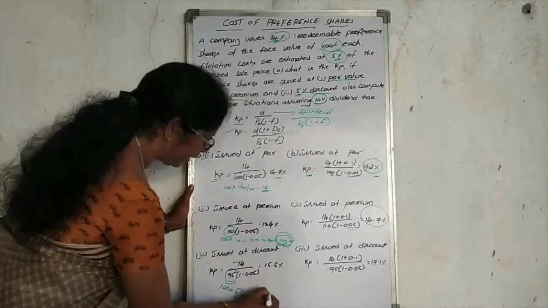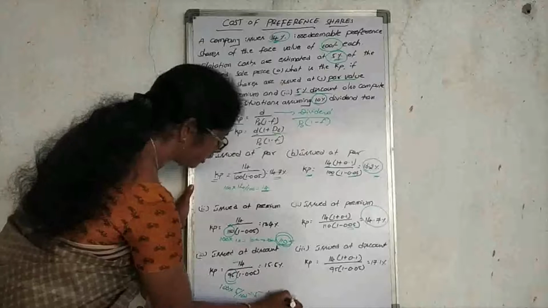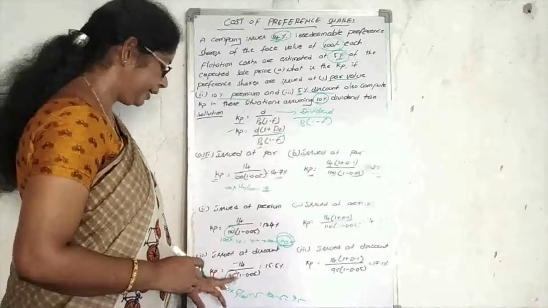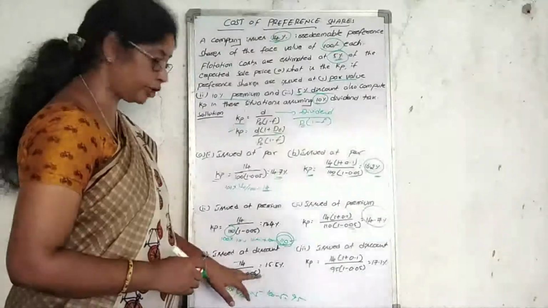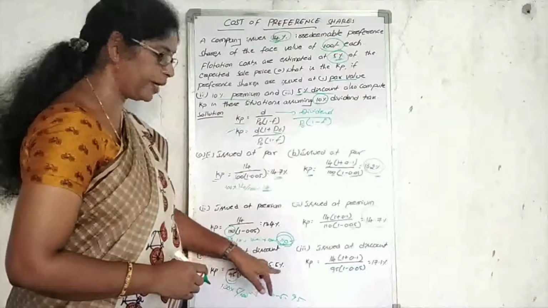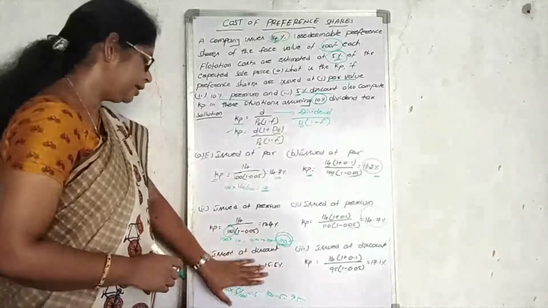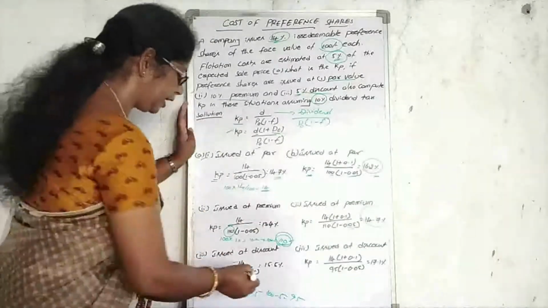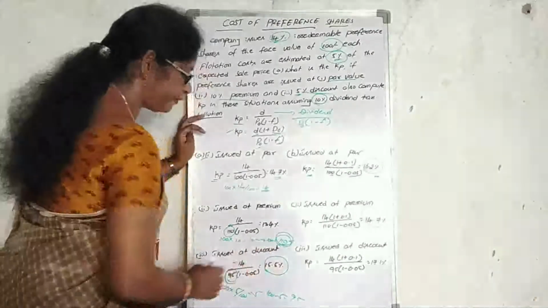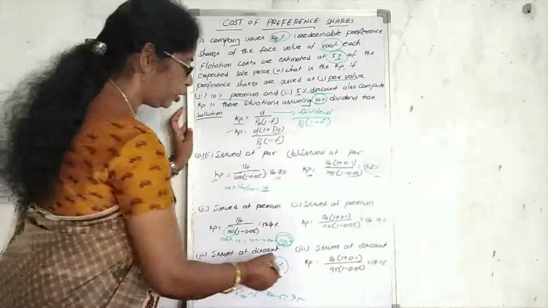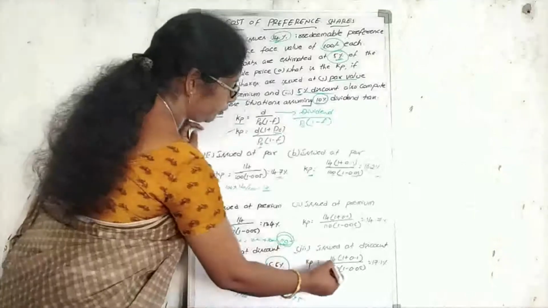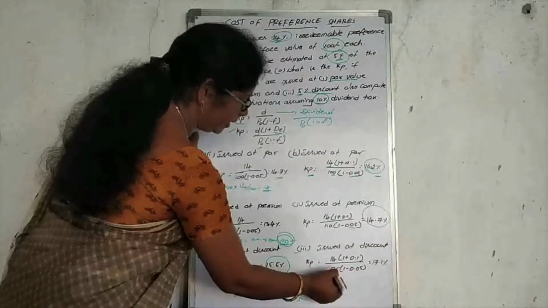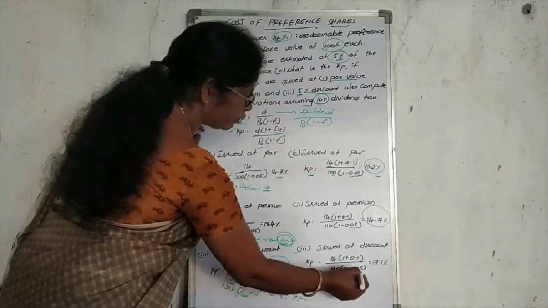So 100 minus 5 equals 95 rupees. 95 into 1 minus 0.05, that equals 15.5%. So when preference share capital is issued at a discount, the cost of preference is 15.5%.